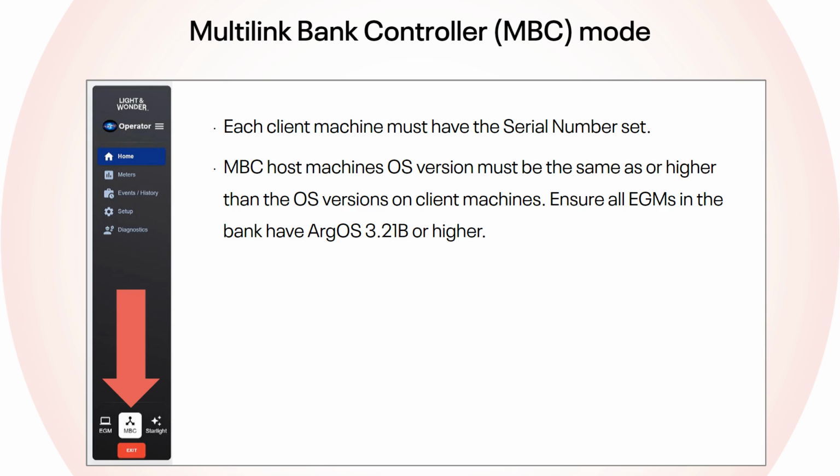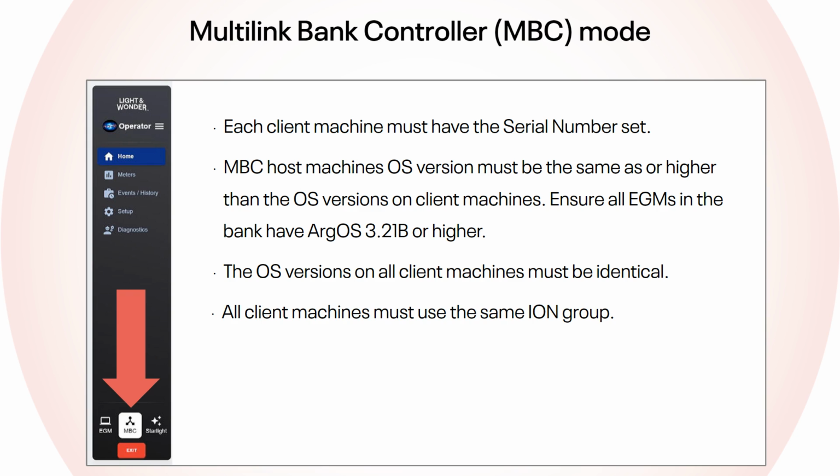Ensure all EGMs in the bank have ArgOS 321B or higher. The OS versions on all client machines must be identical. And all client machines must use the same ion group. If not, then the data sync version will mismatch with the active host. Check OS version pending tilt message will display.